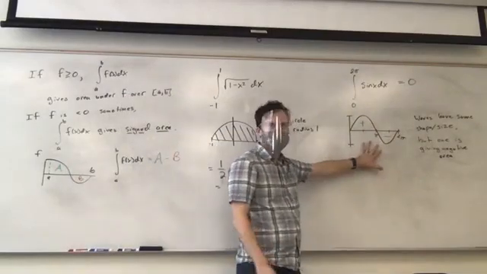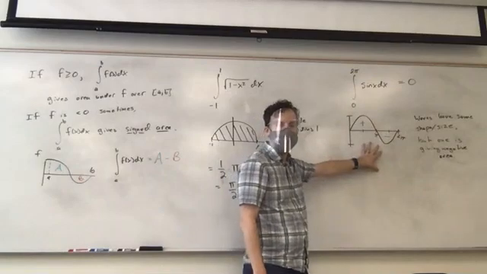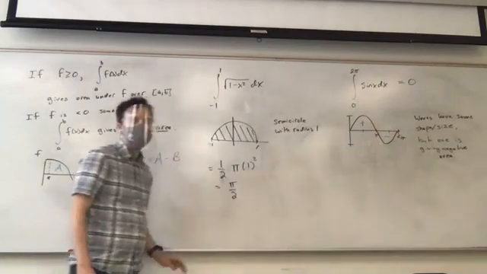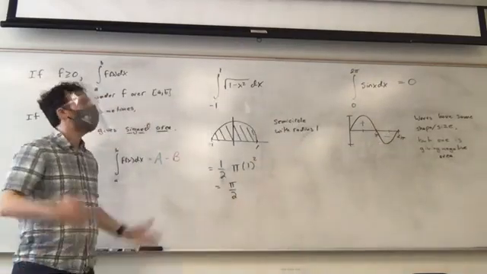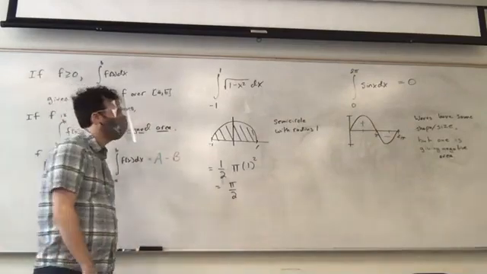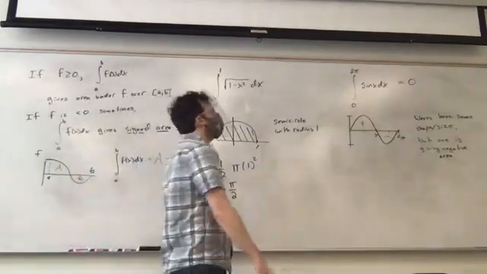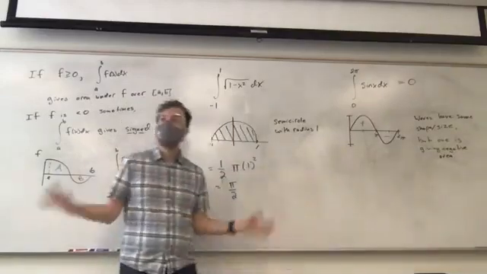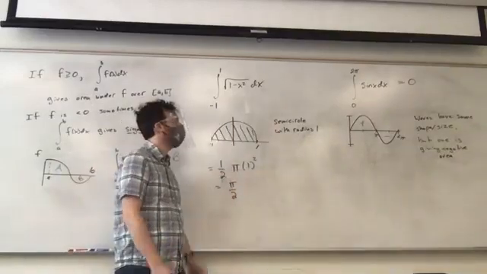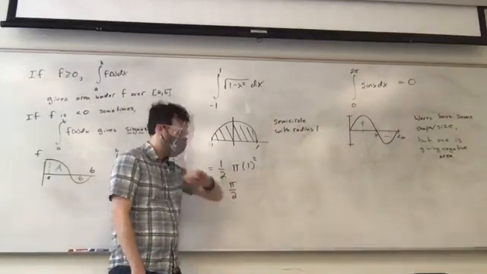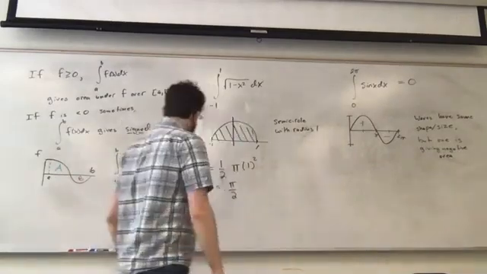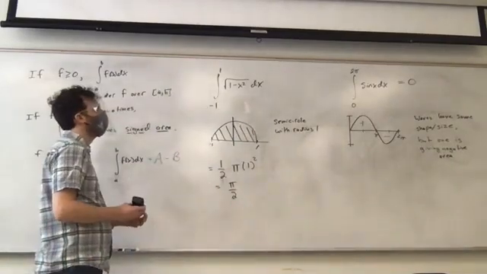Questions about this example, which we really aren't doing any work for, but what we're exploiting is that sine is very symmetric, and we can use that symmetry to our advantage here.